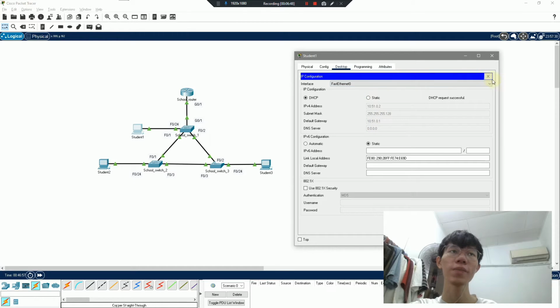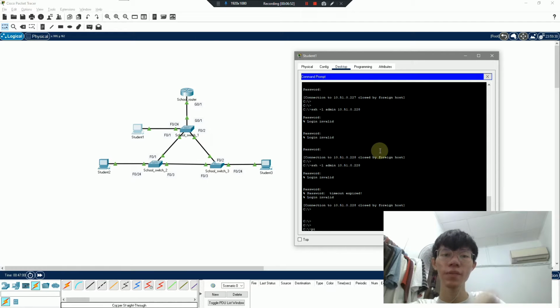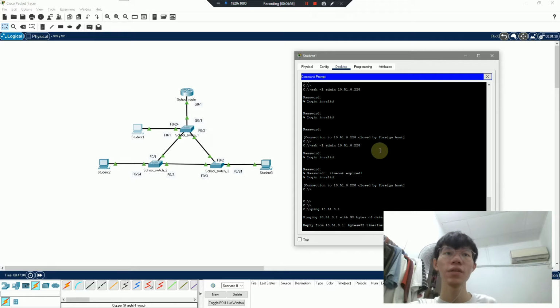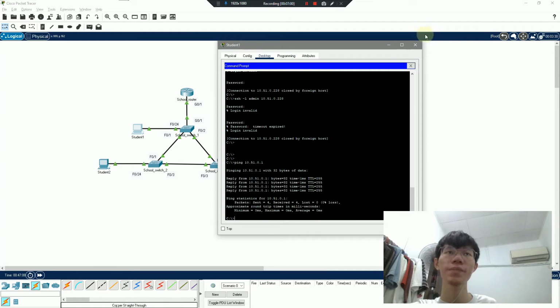We can try to ping from the PC to the default gateway, which should succeed.